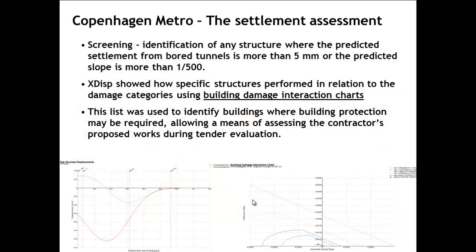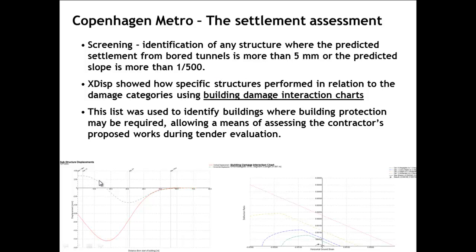So in a little bit more detail, what the Arup engineers did was that they carried out a general Xdisp analysis. So they would have plotted some contours, for example, and found areas where you've got displacement more than 5 mm, or where the predicted slope is more than 1 in 500. So within those specific shaded areas, all the buildings would be represented as buildings within Xdisp, and building damage interaction charts would be plotted.